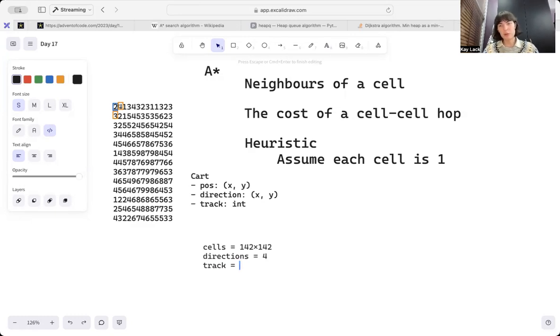So 0 in the top left is going to be a special case. But we can have gone 1, 2, or 3. So we've got 3 combinations there. So our total space is 142 times 2 times 142 times 4 times 3.